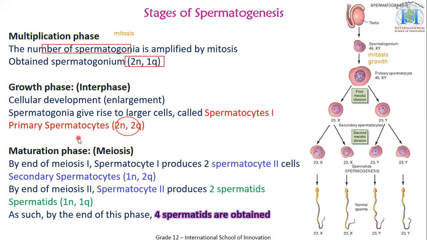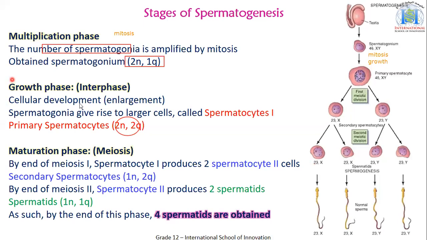Spermatocyte 1 undergoes meiosis 1. After doing meiosis 1, we obtain spermatocytes 2 of N chromosomes and 2 chromatids. And then these spermatocyte 2 will give spermatids. These spermatids have N chromosomes with one chromatid.